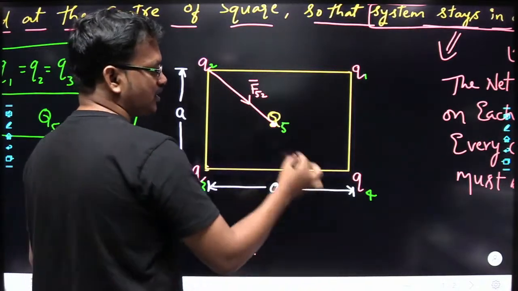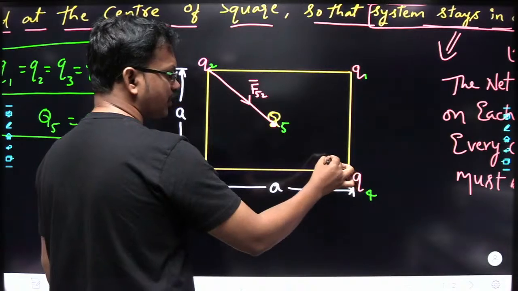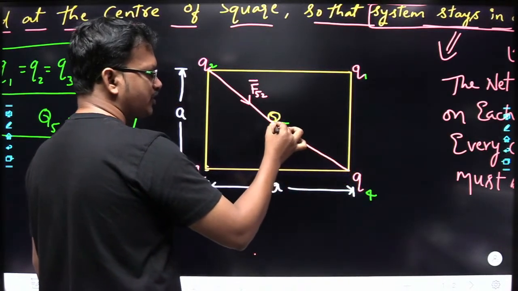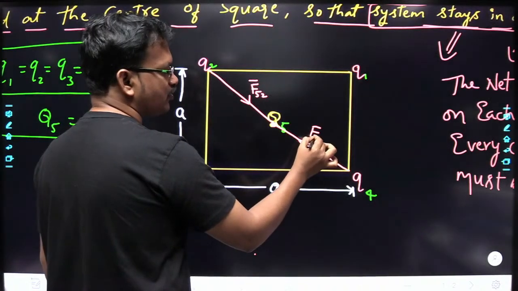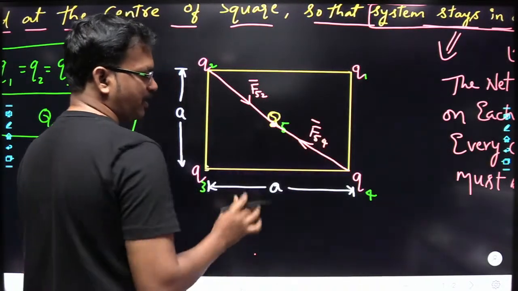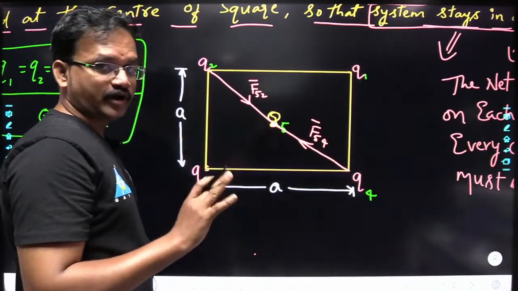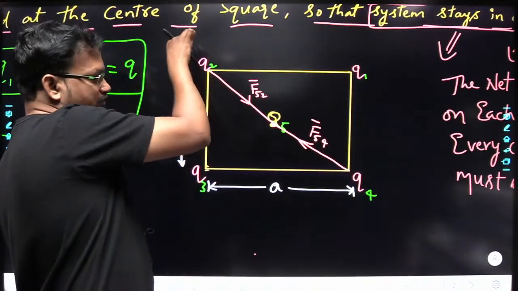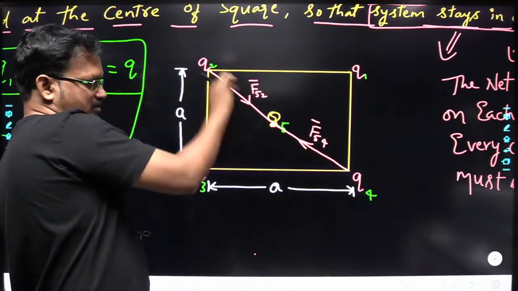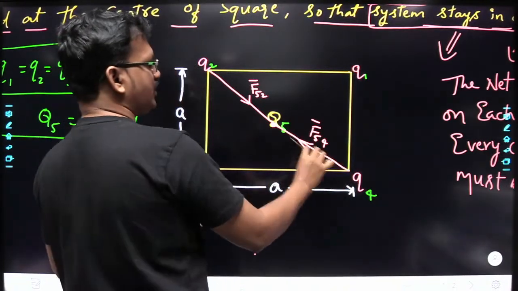Next, the force on 5 due to Q4 is going to point in this direction. So this is the force on 5 due to 4. Here I am assuming all the charge carriers have the same polarity. This is the assumption I am making here. So due to Q2 the force on Q5 is pointing in this direction, and due to Q4 the force on Q5 is pointing in this direction.